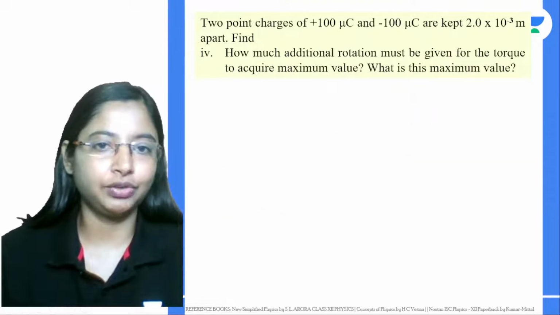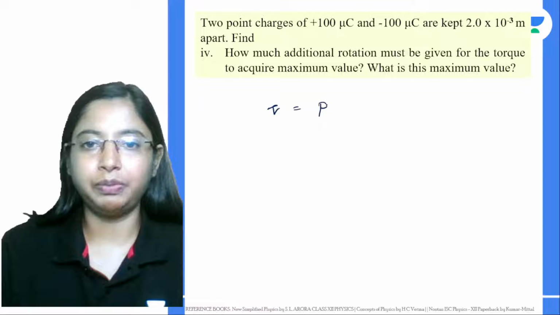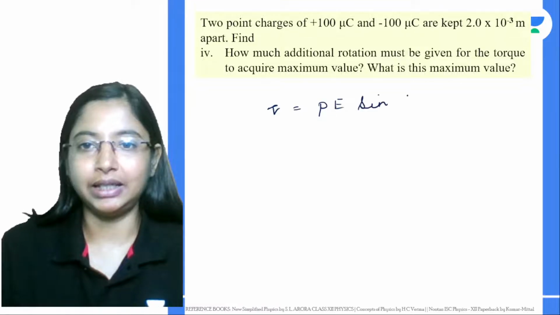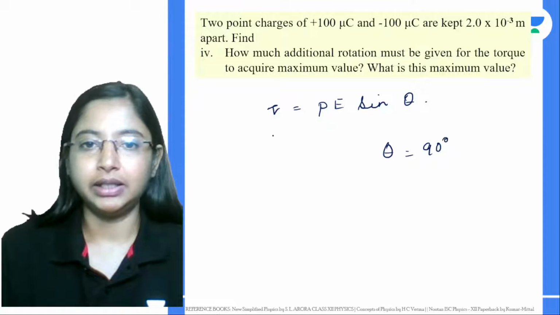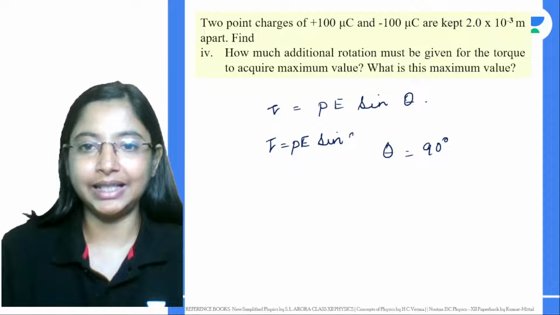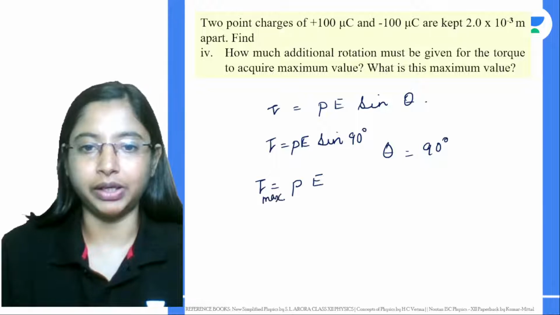From this equation, tau is equal to PE sine theta. If your theta becomes 90 degrees, then you have tau equal to PE sine 90 degrees. Sine 90 is 1, so what we get is the maximum torque.